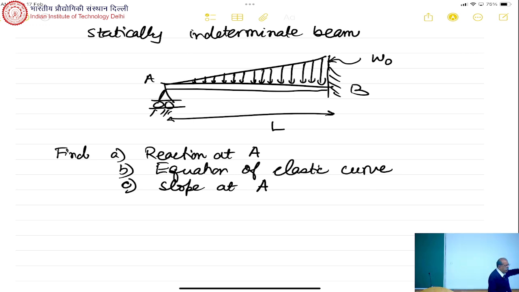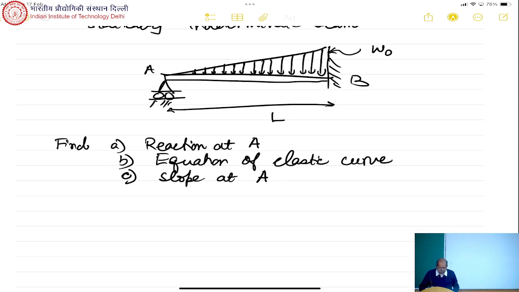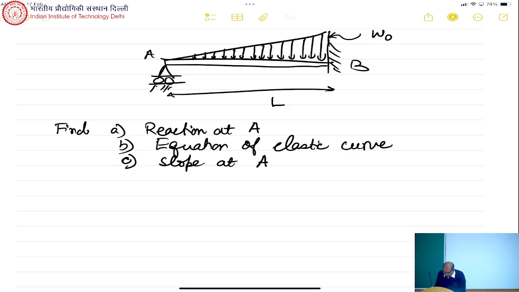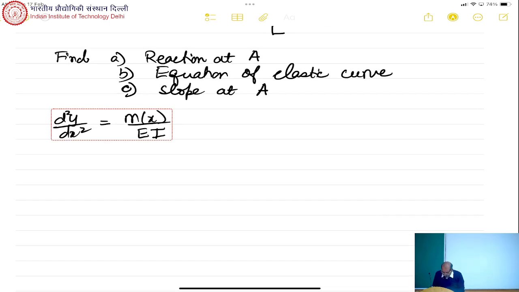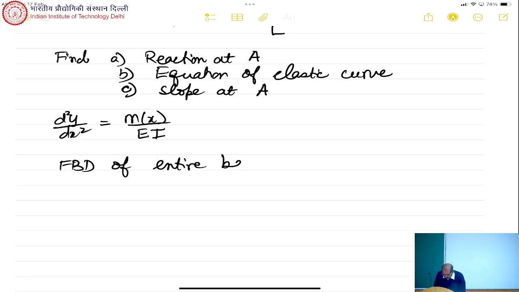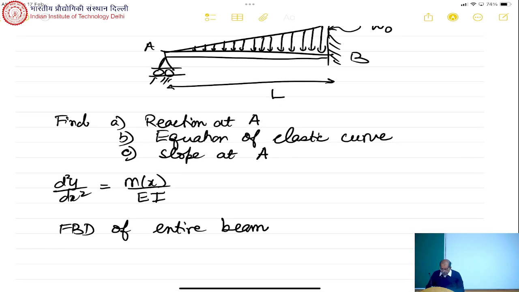So the problem is: given a beam which is loaded like this, a statically indeterminate beam, find the reaction at A, the equation of the elastic curve and the slope at A. Let's first draw the free body diagram of the entire beam.